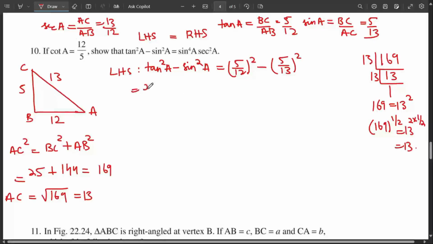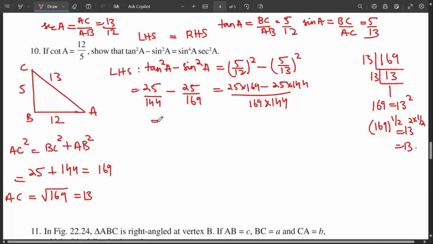5 square is equal to 25. Then 12 square is equal to 144, minus 5 square is nothing but 25. 13 square is nothing but 169, which is equal to, if you take the LCM, it will be 25 into 169 minus 25 into 144 whole divided by 169 into 144.